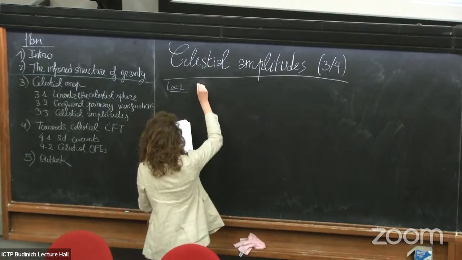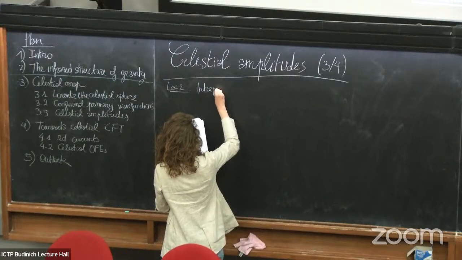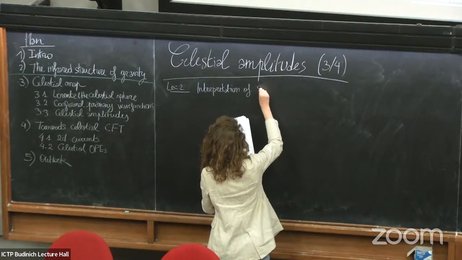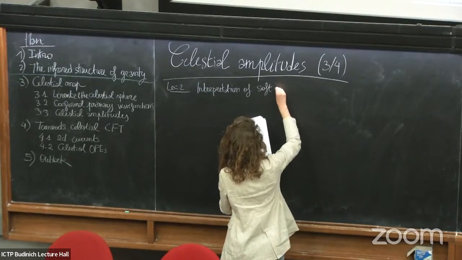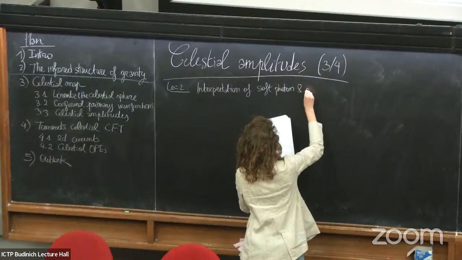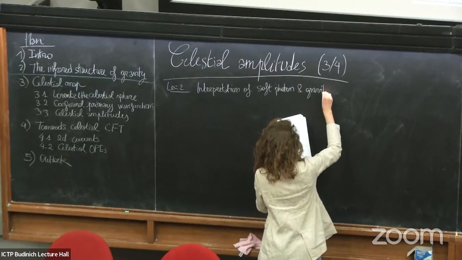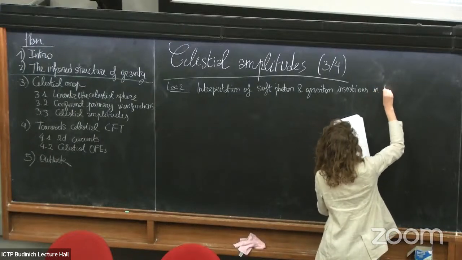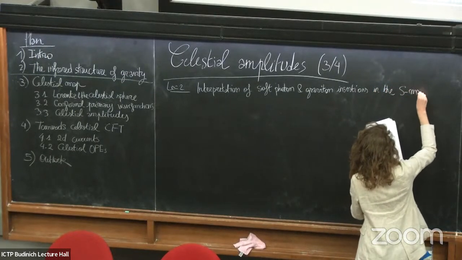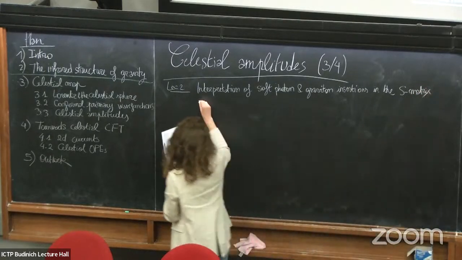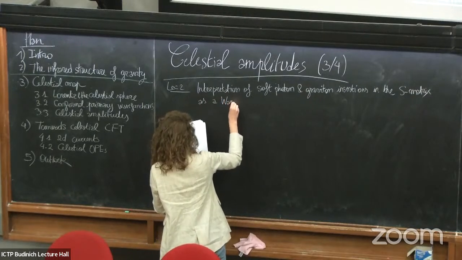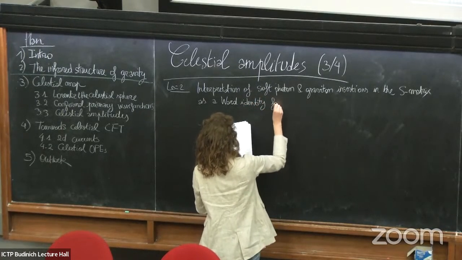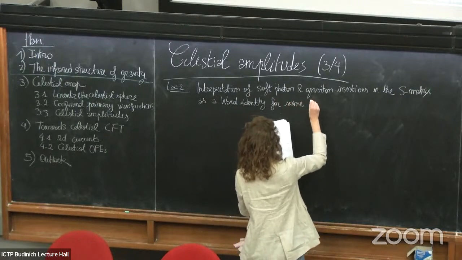Yesterday, I tried to advocate that there was a nice interpretation of soft photon, and we mostly discussed actually soft graviton, insertions in the quantum gravity S matrix, as Ward identities for some two-dimensional currents.